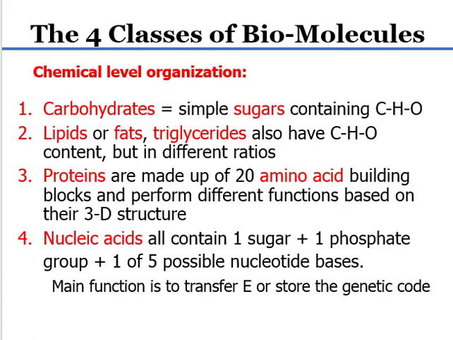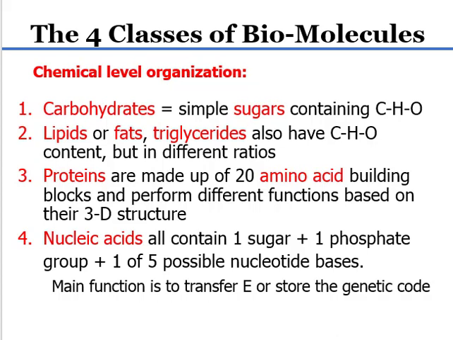So let's get started on our four key macromolecules. Macro because they're large. We already saw how large fats look with their long chain of carbons linked together in series. Here in Chapter 3, you're going to learn about carbohydrates, which are simple sugars containing C, H, and O for carbon, hydrogen, and oxygen.